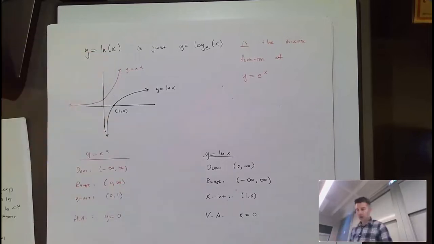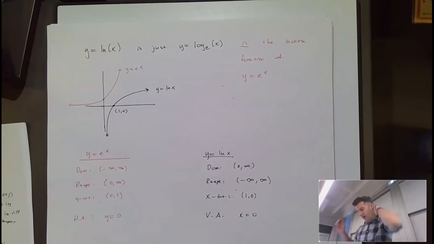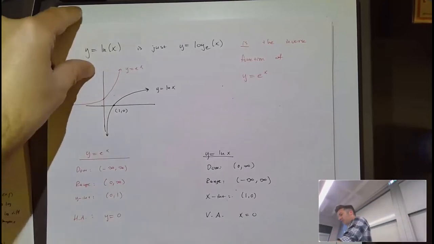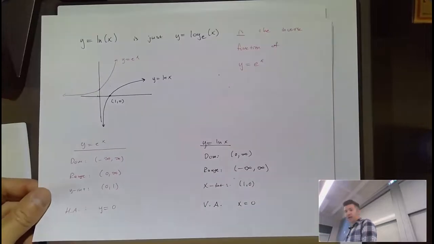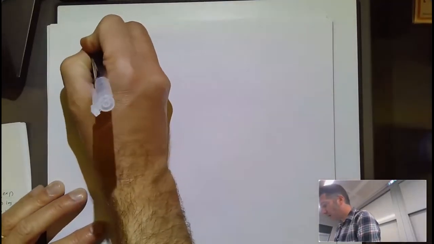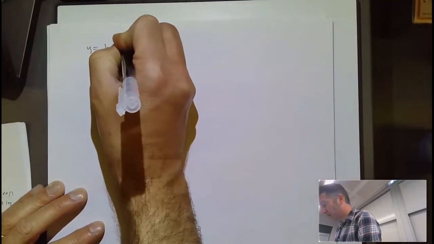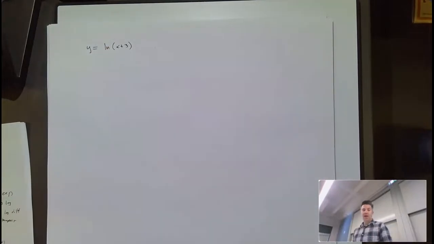It's kind of neat. And then we could graph some shifts or transformations of the natural log of x. So for example, if I wanted to graph y equal to the natural log of x plus 3, I know I've added 3 on the inside, so I'm going to shift 3 to the left, but the easier way for me to honestly think about this is just to think about the domain.